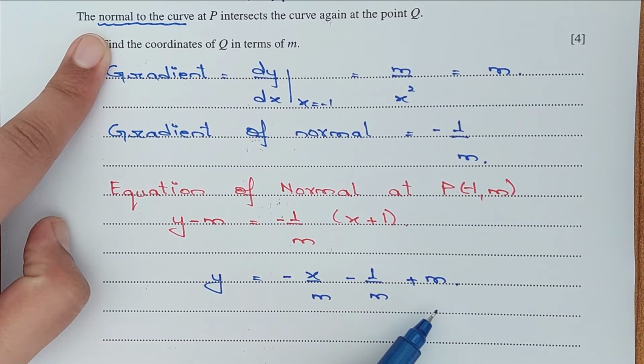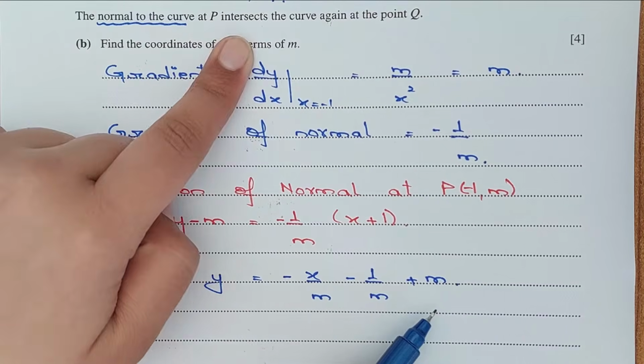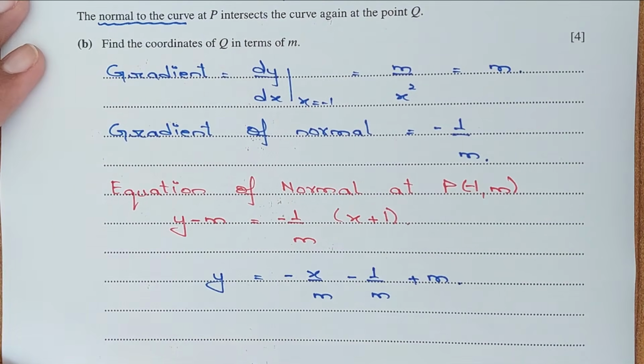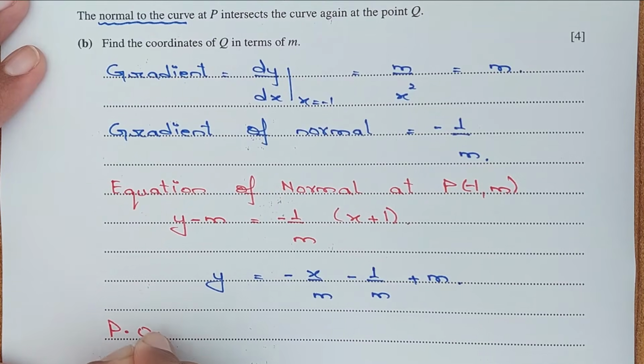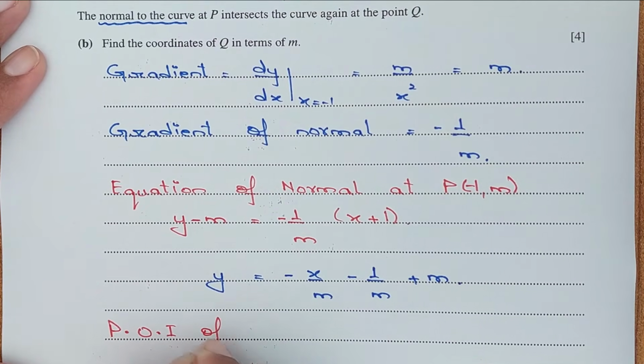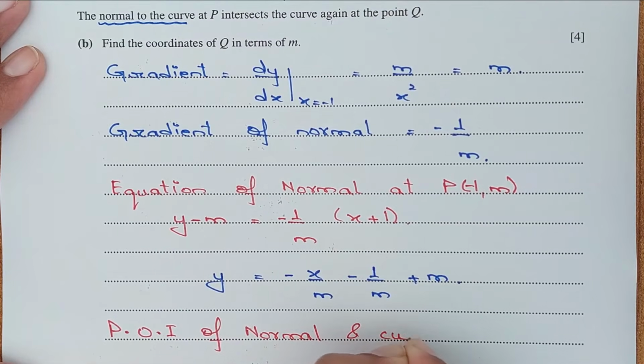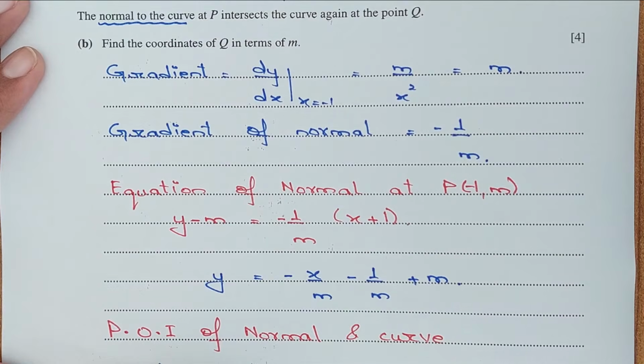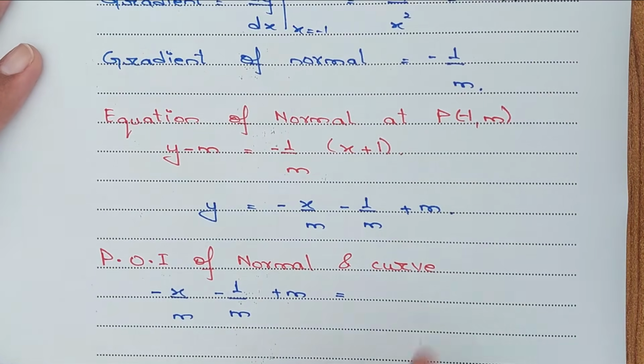So the equation of the normal intersects the curve again at point Q. So we need to find the point of intersection of the normal and the curve. Okay, so the equation of the normal is minus x over m minus 1 over m plus m, and the equation of the curve we have given is minus m over x.